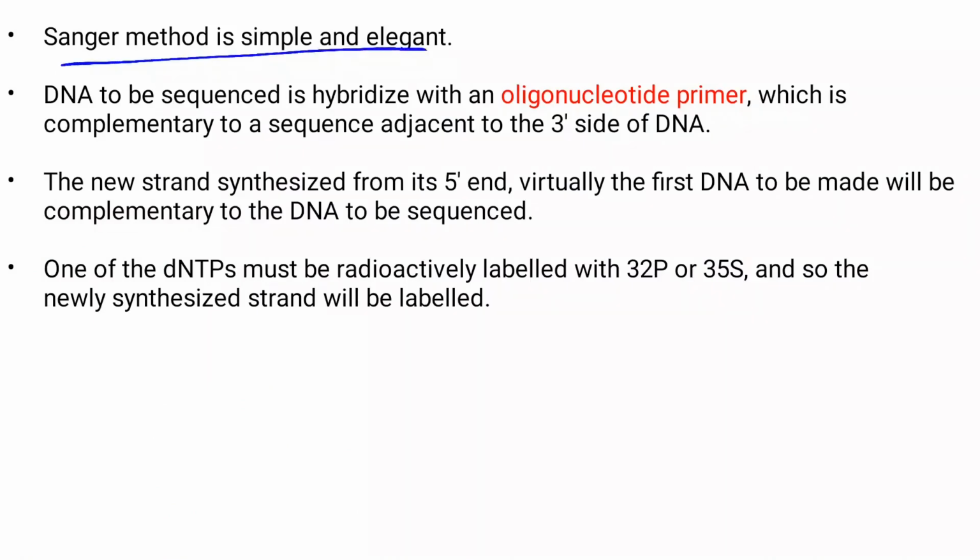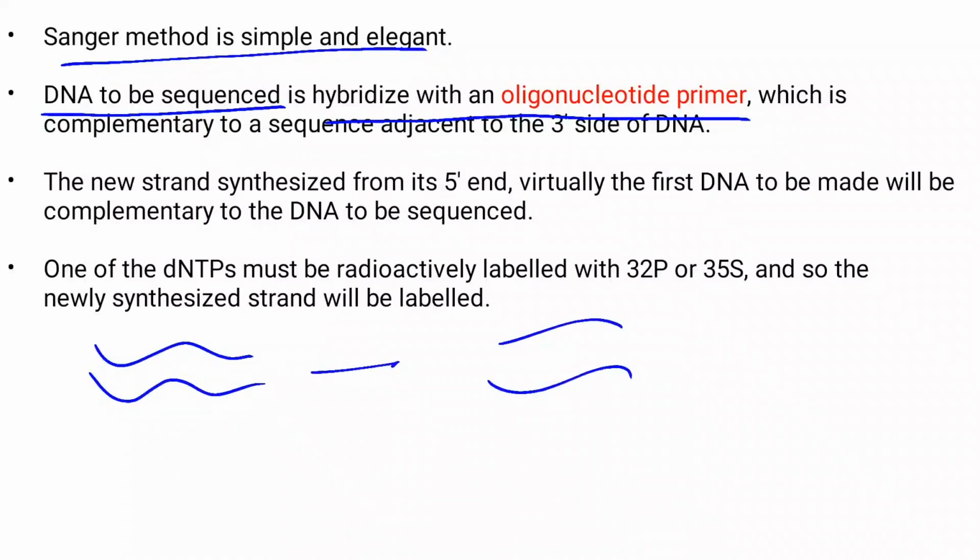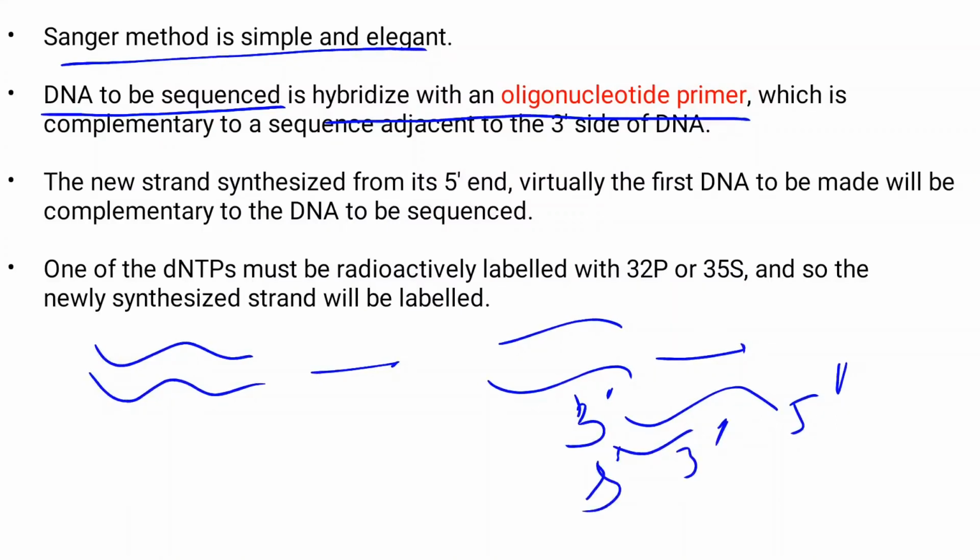The Sanger method is simple and elegant. The DNA that is to be sequenced is hybridized with the oligonucleotide primer. The DNA is first denatured into single strands, then hybridized with the oligonucleotide primer. The template is 3' to 5', and the primer is 5' to 3'.